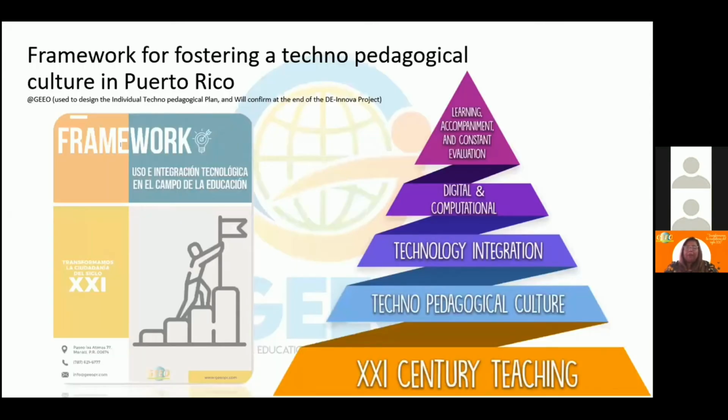So part of our theoretical framework was, and this was something we did last year, even before this project was awarded, we started looking at different research around what is the path that you see occurring in different places for creating that effective or significant use of technology.